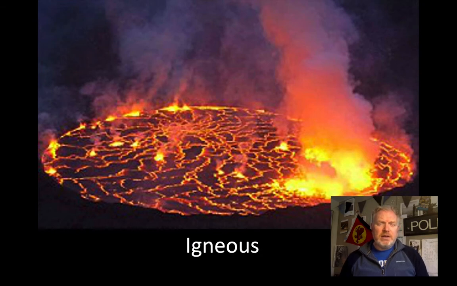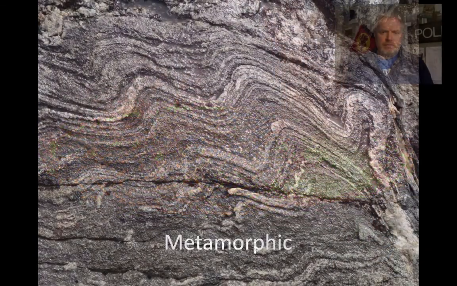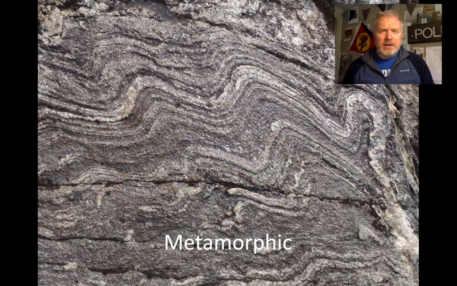Igneous is rock that forms from melting, where we have hot molten rock crystallizing to solidify and become a rock. Metamorphic is where we have a rock that's changed by heat and pressure. Like this rock here, which you can see has been formed into bands that have then been deformed.